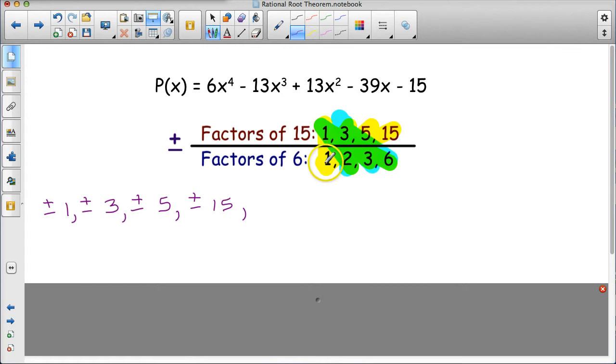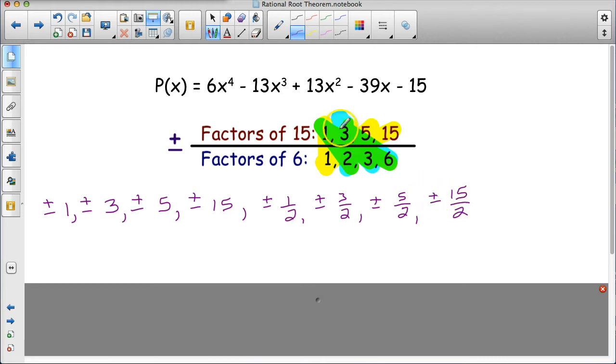We're going to do the same thing, all factors of the numerator over the second factor in our denominator. In other words, plus or minus 1/2, plus or minus 3/2, plus or minus 5/2, and plus or minus 15/2. Now, these are already in reduced form, so we're going to leave them like that.